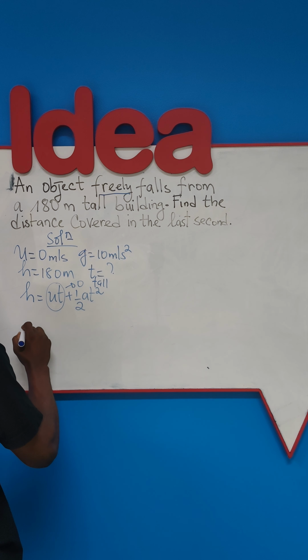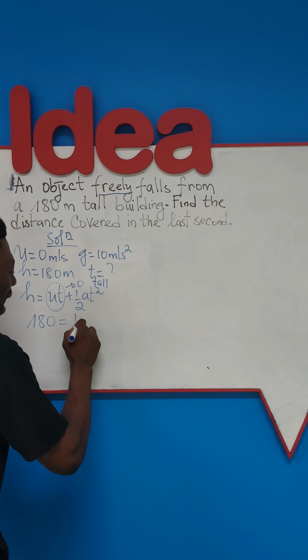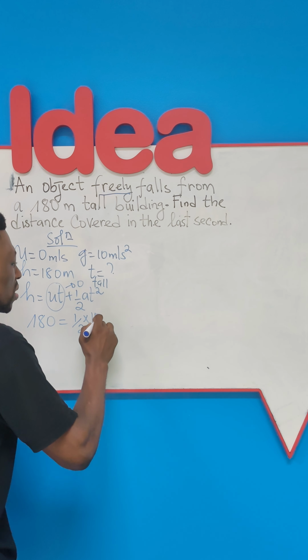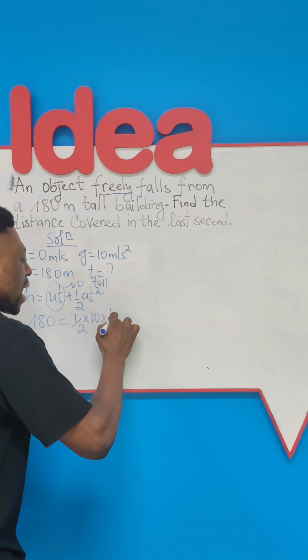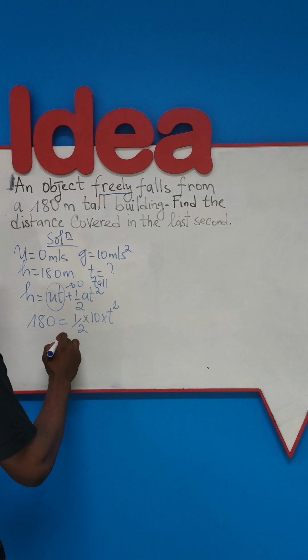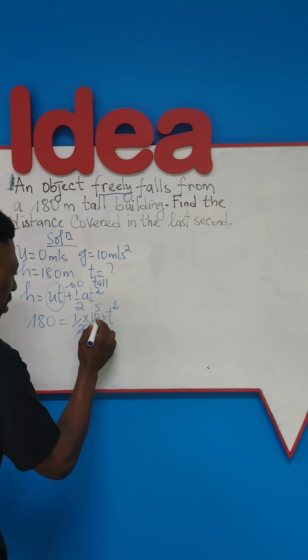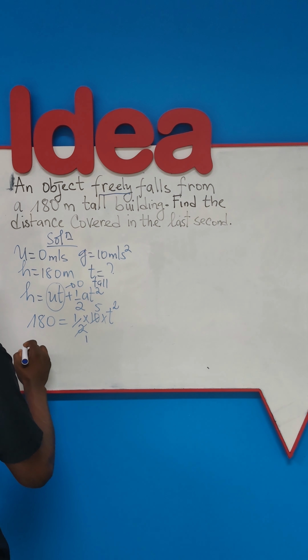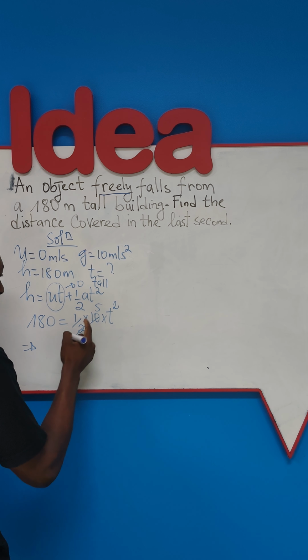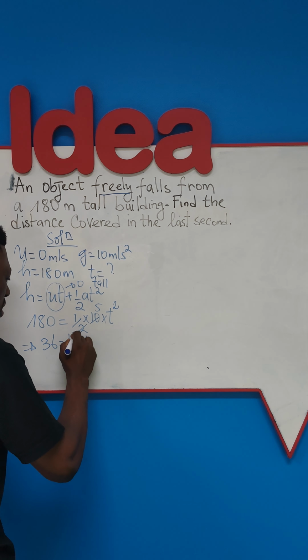So from here, I have that the height, 180 meters, is equal to half times the acceleration due to gravity, 10 meters per second squared, times the time, t squared. If you simplify things well, this is already 1, this is 5. So divide both sides by 5. If you divide this by 5, you will have 36. 36 equals t squared.